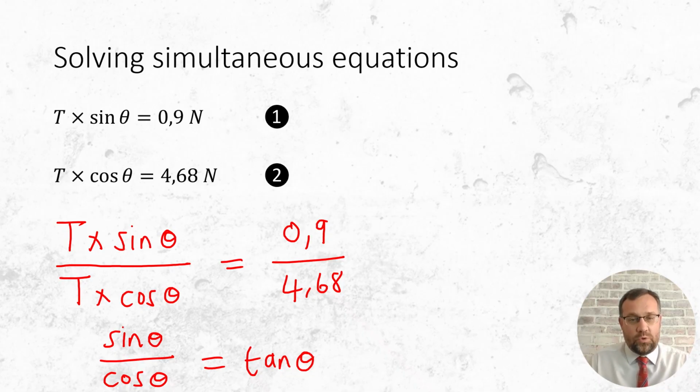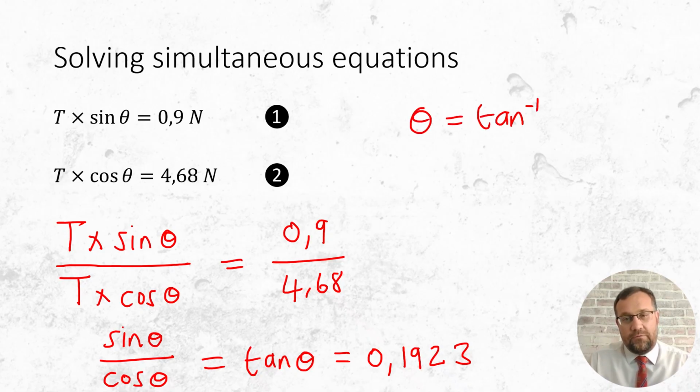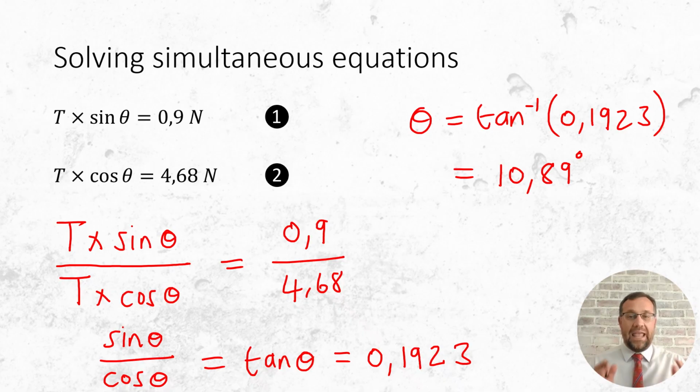And this is equal to 0,1923. So now we can determine theta. Theta equals the inverse tan of 0,1923. And that gives us 10,89 degrees. Therefore, the angle theta is 10,89 degrees.